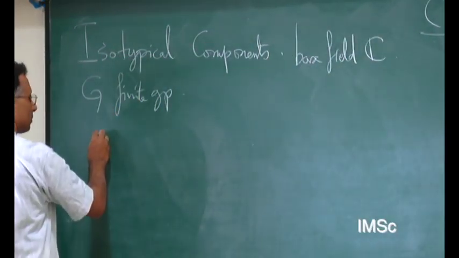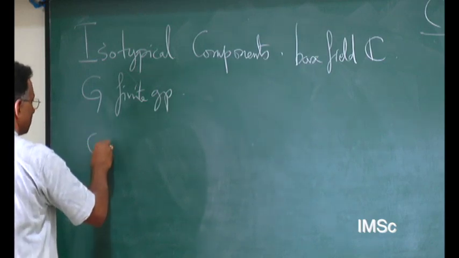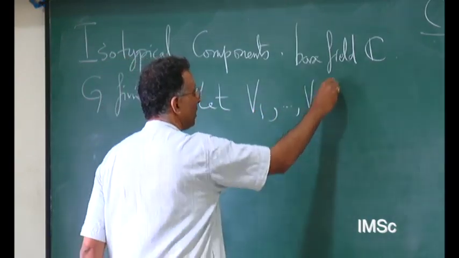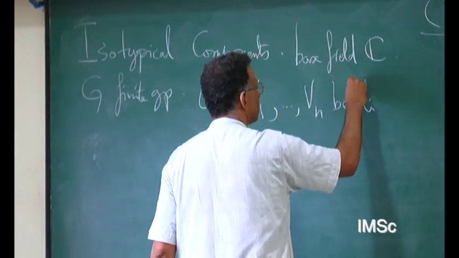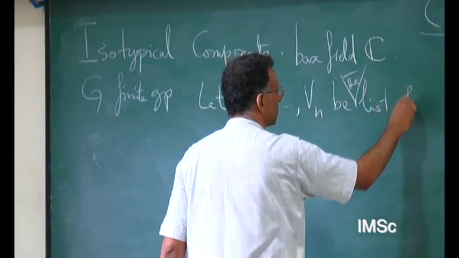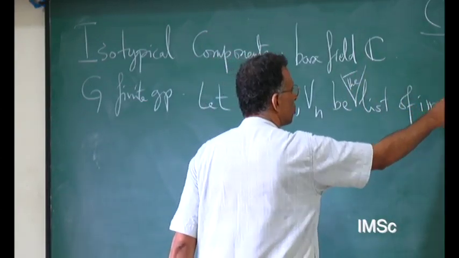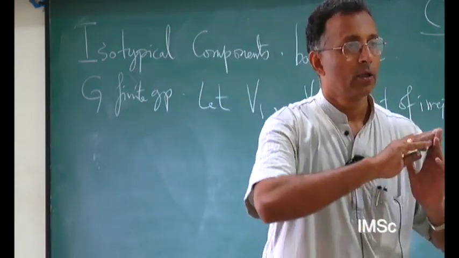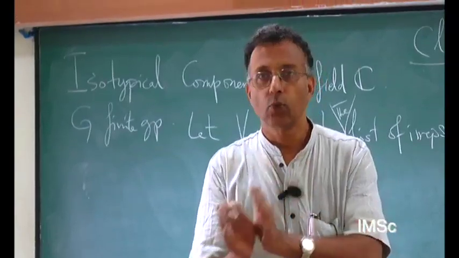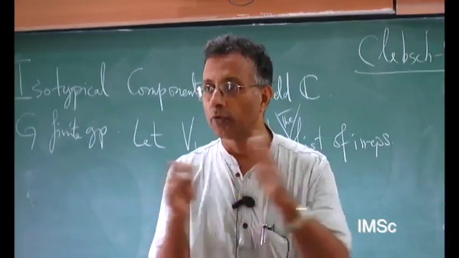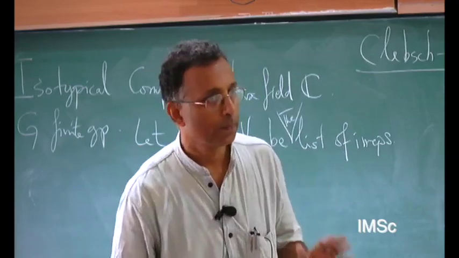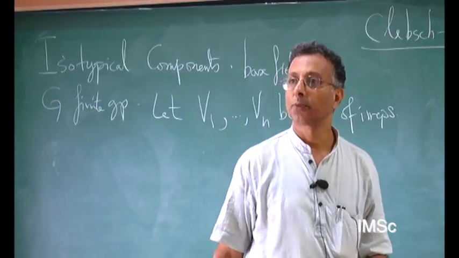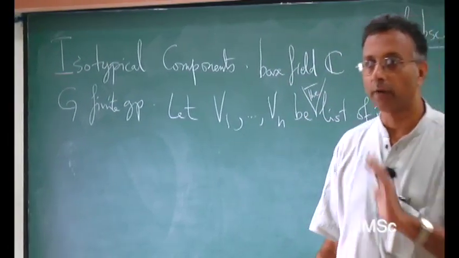Let V1 through Vn be the list of irreducible representations, meaning no two of them are isomorphic. We know that this set is finite, you write them out each once. The characters of these will form an orthonormal basis for the space of class functions of G with respect to our inner product.